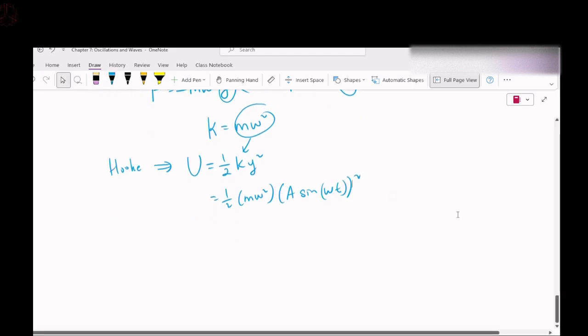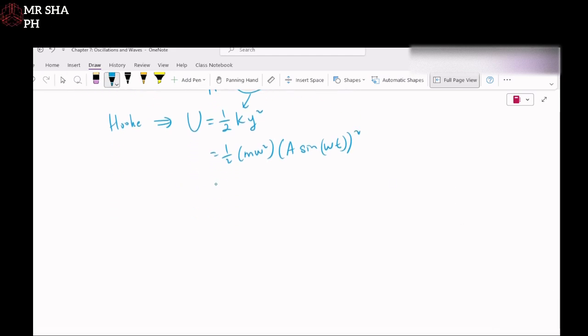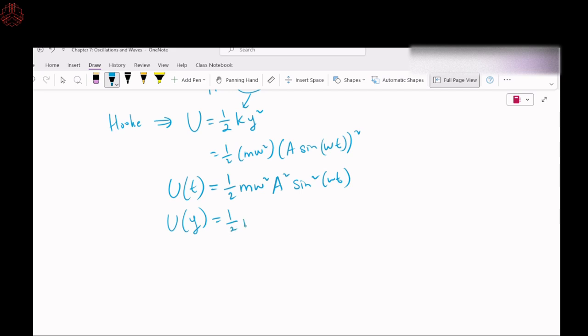So I'm left with half m omega squared a squared sin squared omega t. This is my equation for potential energy as a function of time. It's quite simple to see that my potential energy as a function of displacement is half m omega squared y squared.